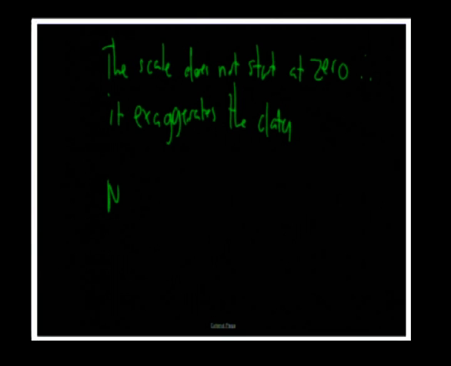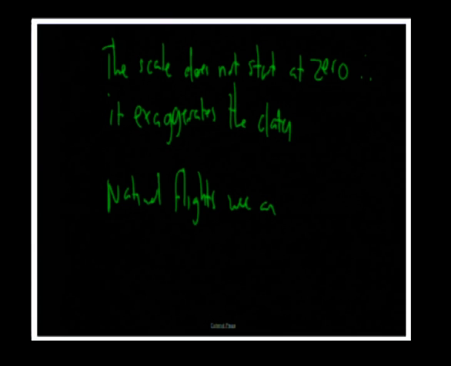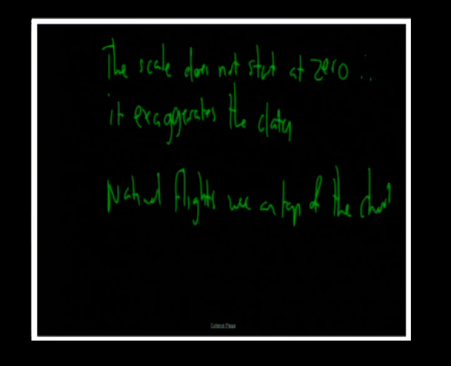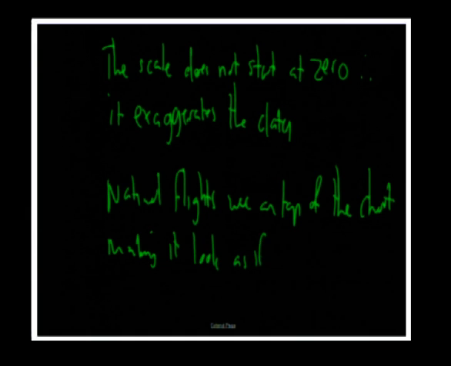The other thing is they've placed the national flights on top, so we can write that. National flights were on top of the chart, making it look as if they increased significantly.